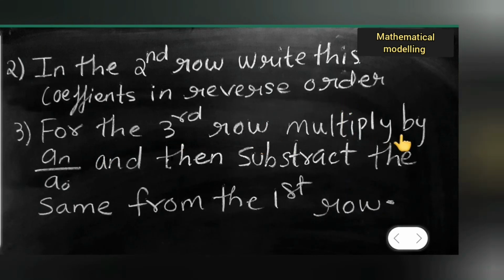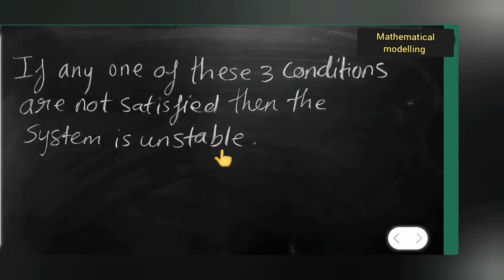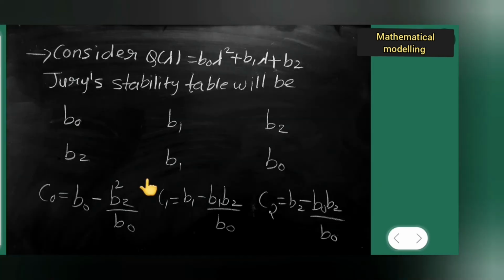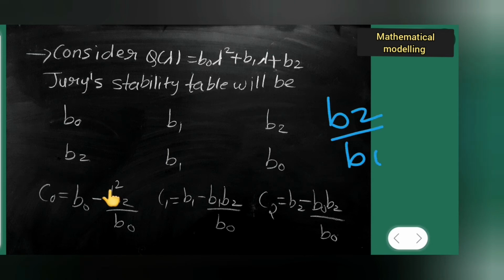For the third row, multiply by an upon a0 and then subtract the same from the first row. So for the third row, I have to multiply b2 with b2 upon b0.